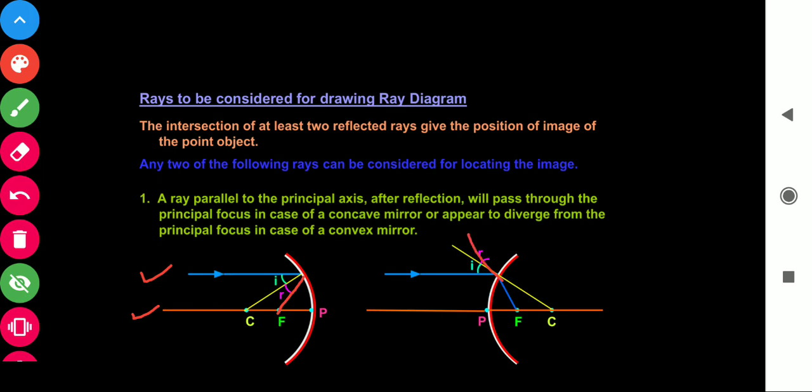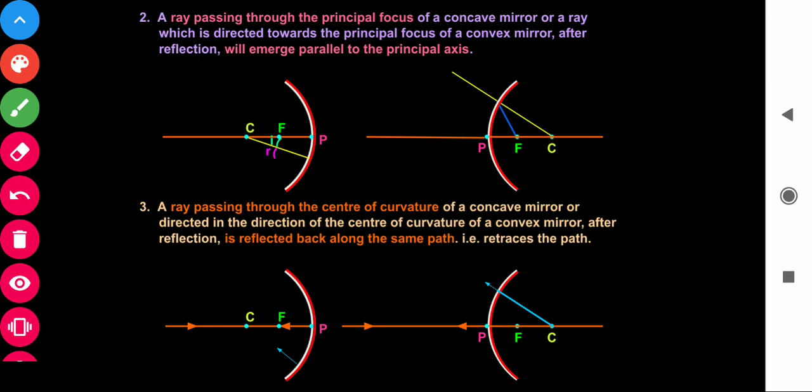The second rule is when the ray passes through the principal focus. It means when the ray comes to the focus, this will be the ray. What will happen? It becomes parallel. It is just reverse to the first one.